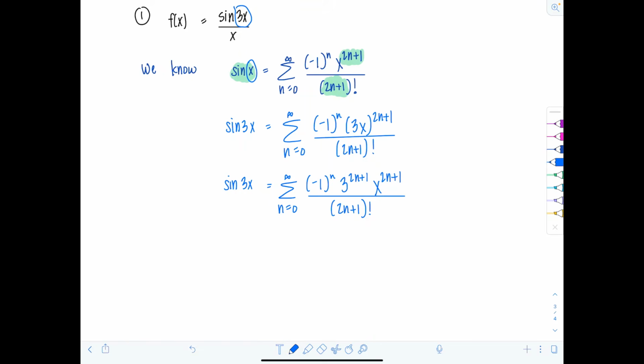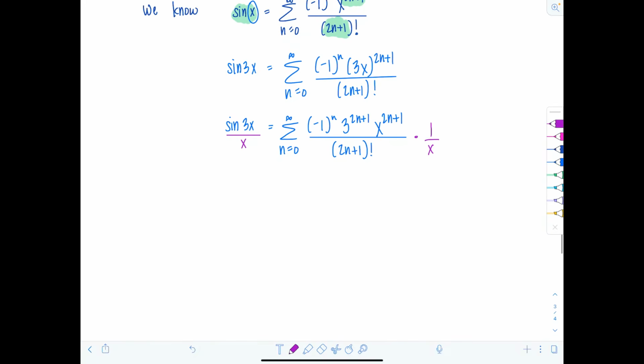How is that different than f of x? I have one more thing to take care of. I need to divide this by x, which is the same as multiplying by 1 over x. And what that means is now one of these x's is going to cancel out. So I'm done.